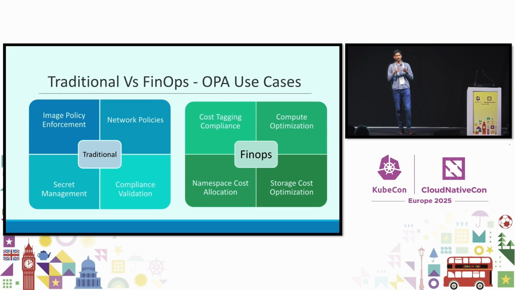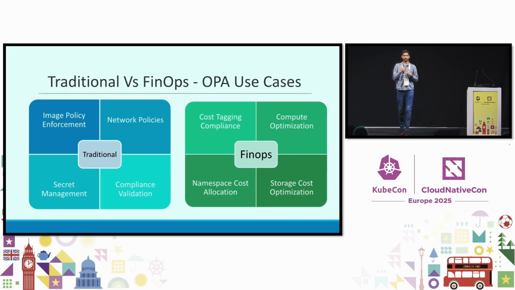Network policies, for example: you don't want cross communication within your clusters, or traffic going outside of your cluster to an external domain like google.com. And then secret management, for example: some people may deny using environment variables, and require a secretRef, a Kubernetes secret, or external secret management tools.